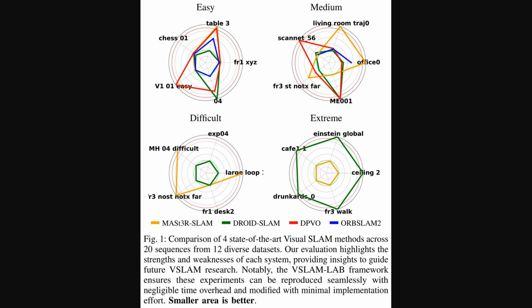Each corner of a plot represents a different test sequence, and the colored lines show how each method performed, with a smaller shape generally indicating better accuracy, specifically lower absolute trajectory error. This lets us visually compare their strengths and weaknesses in different conditions, all standardized thanks to the framework.